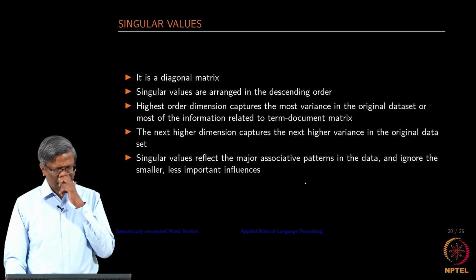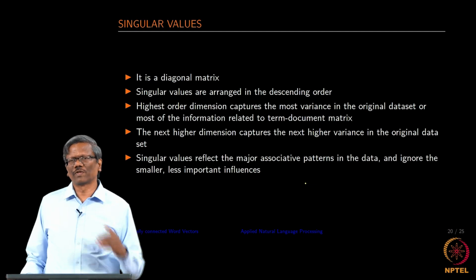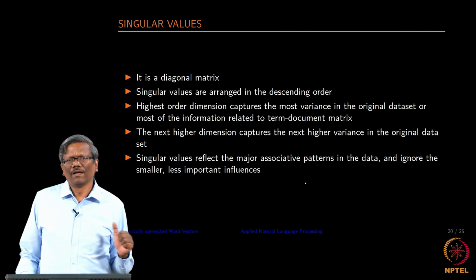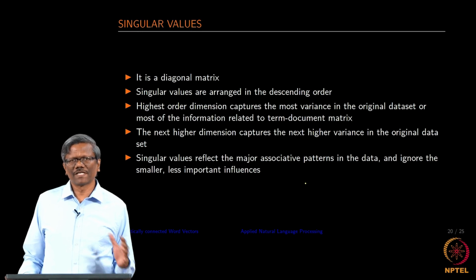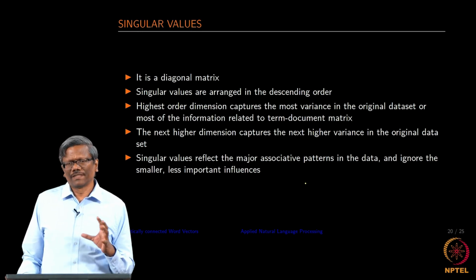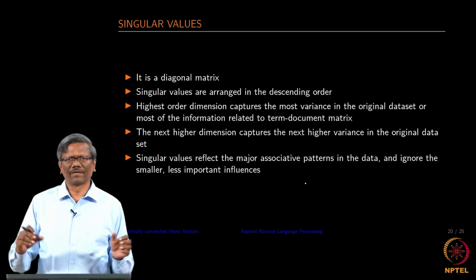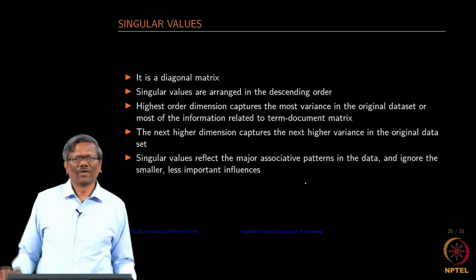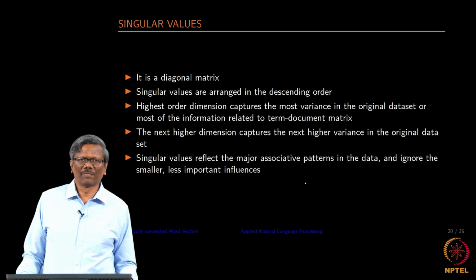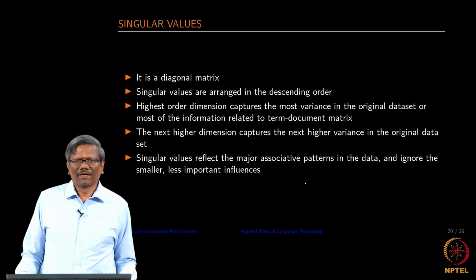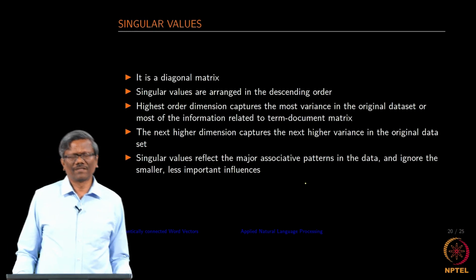So, what does this mean? If you look at the singular values, the topmost one will have the highest value. That means it contains the most information related to the document term matrix, and it has captured the maximum variance within the term document matrix in the transform domain. And then if you look at the second one, it captures the next set.